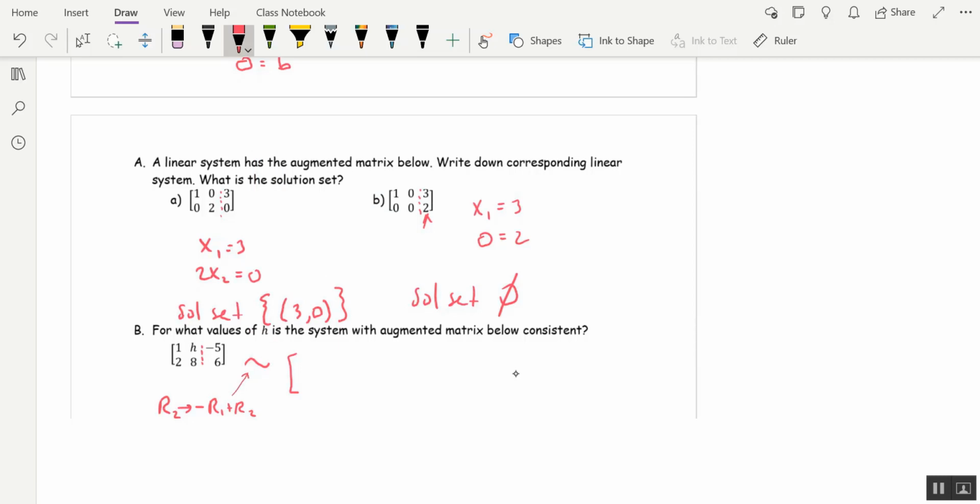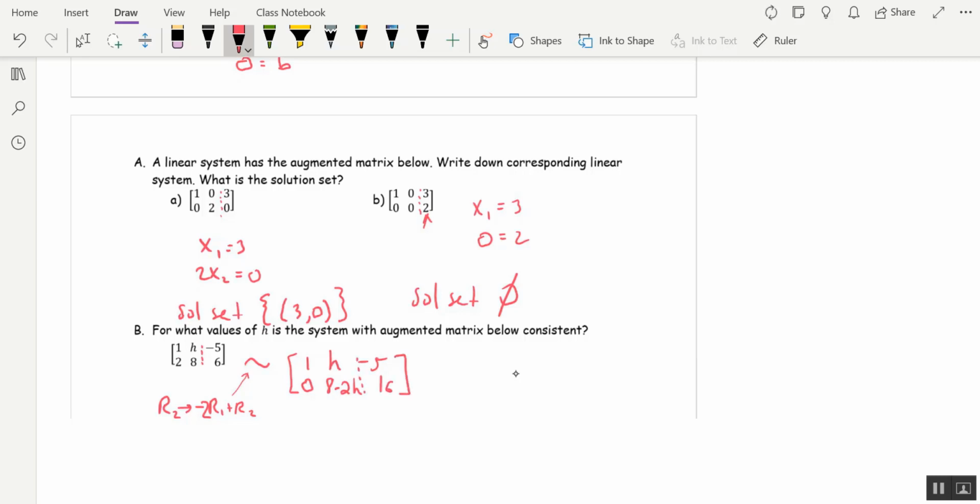So I'm leaving row 1 alone, and I'm replacing row 2 with negative 2 row 1 plus row 2. So I multiply 1 by -2, add it to 2 to get 0. And then the next entry is going to be 8 minus 2h. And then in the last column, multiplied by negative 2, that's going to be 10. 10 plus 6 is 16.